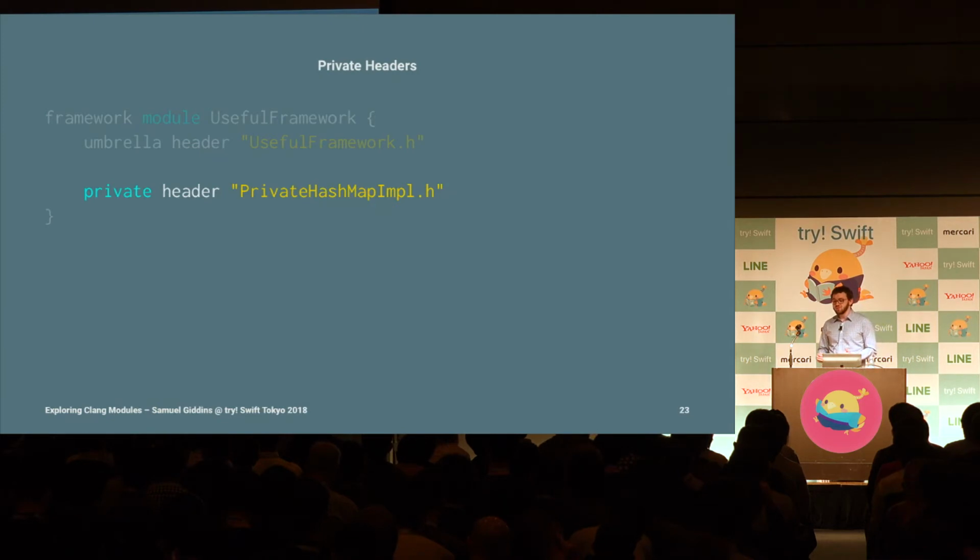A header with the private specifier is a part of the module, but cannot be imported from a different module. I tried adding them to the module maps CocoaPods generates once, but we had to revert that, and I can't remember why.